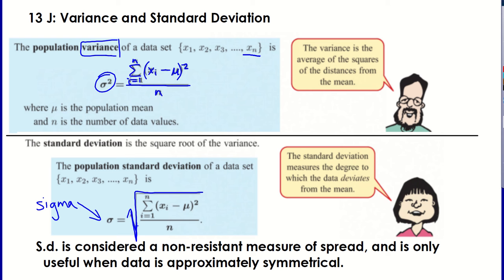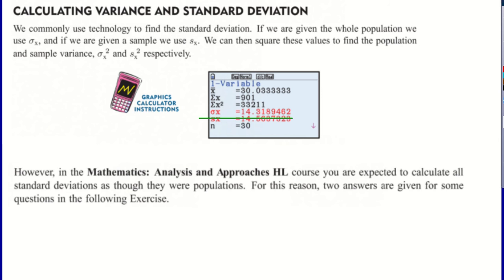Standard deviation is considered a non-resistant measure of spread and is only useful when the data is approximately symmetrical. To calculate this on a calculator, which you'll definitely need to do, if you have a TI-84, you would find the stat button and then hit enter on edit.